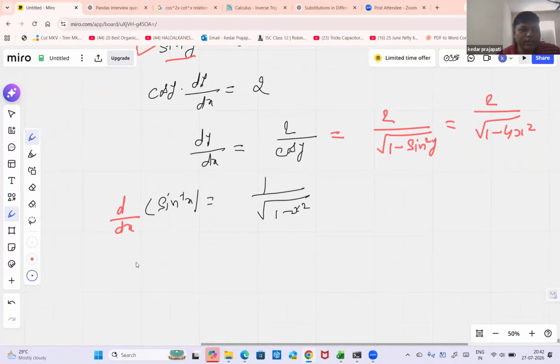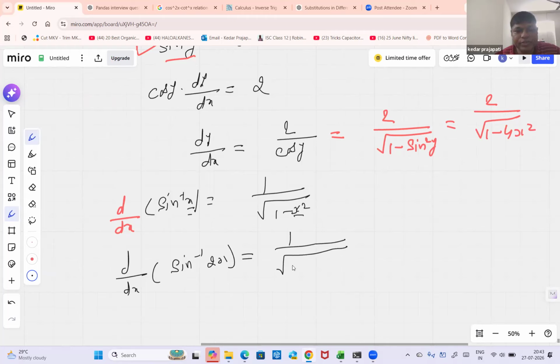Now they have given a question like this: d by dx of sine inverse 2x. In place of x, you should apply 2x. This will become 1 by root of 1 minus, in place of x, 2x will come, into d by dx of this.